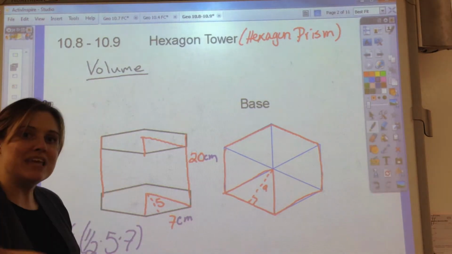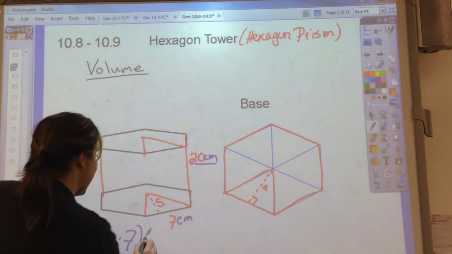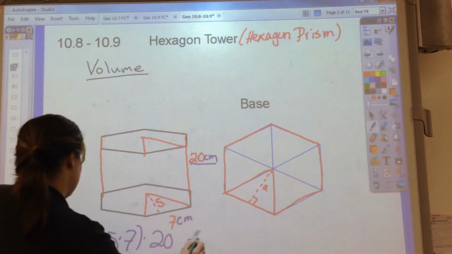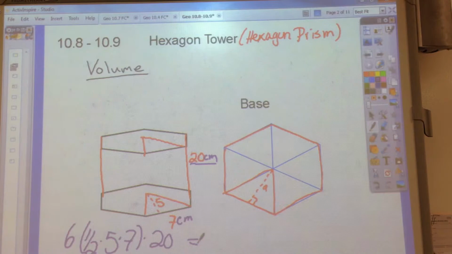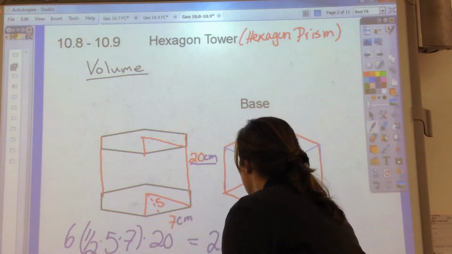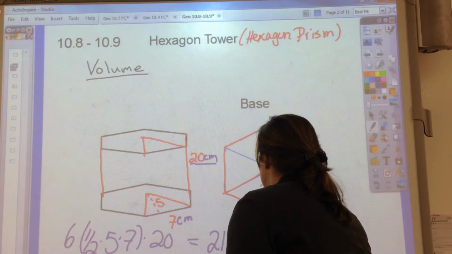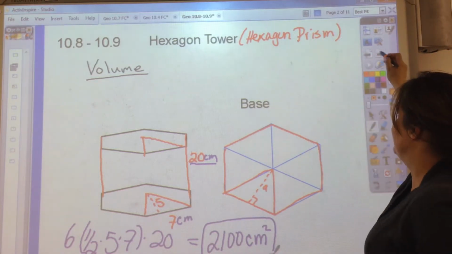That is simply going to be the area of my base. Now I'm going to have to multiply that by my height. And when I do that, I am going to get 3 times 35 times 20, which is 2,100 centimeters cubed. And we'll do more of these tomorrow, don't worry.